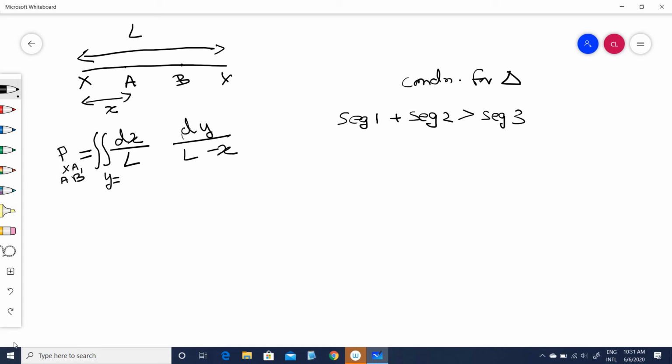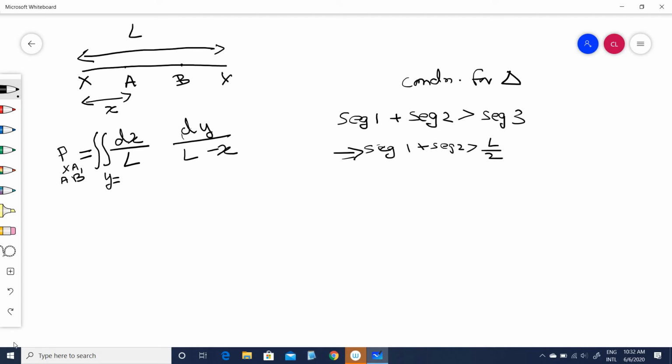In this context it means that the sum of any two segments has to be greater than L by 2, because if this happens then we are guaranteed that segment 3 will be less than L by 2 and therefore segment 1 plus segment 2 will be greater than segment 3.